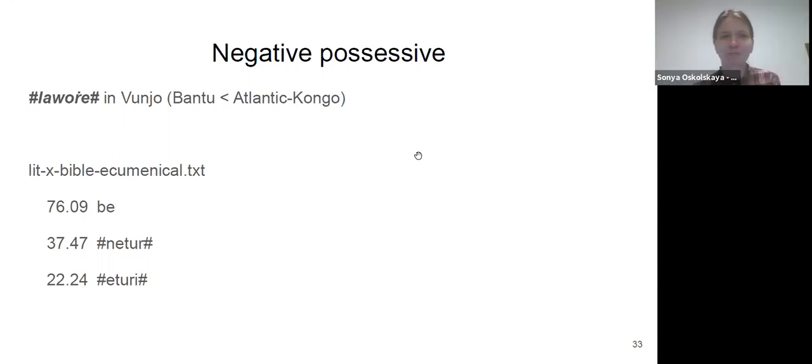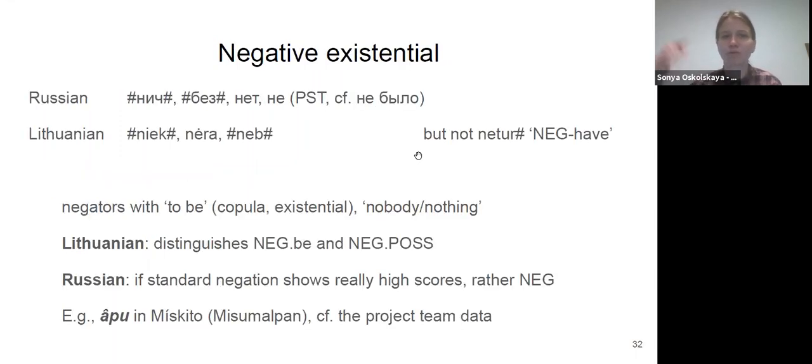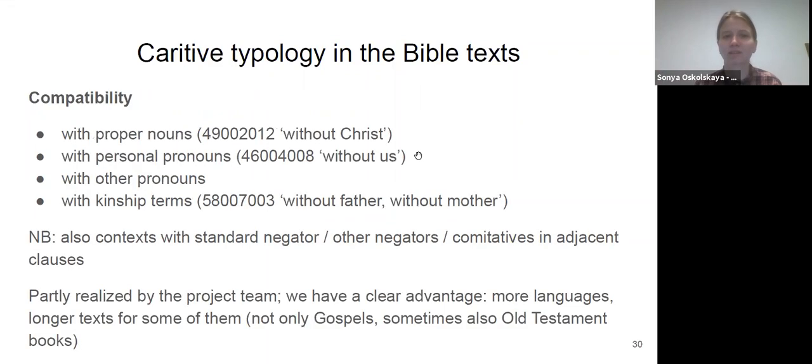And another very stupid question about compatibility with different word classes. Did you make it somehow automatically? Or did you just look through the examples? No, that was not automatically. That was just because I looked at the context and tried to understand what's going on there. Okay.